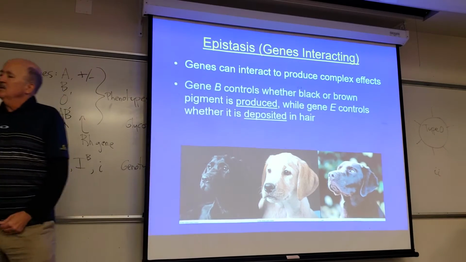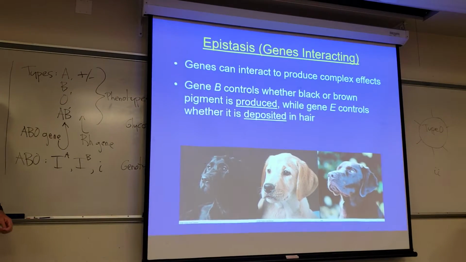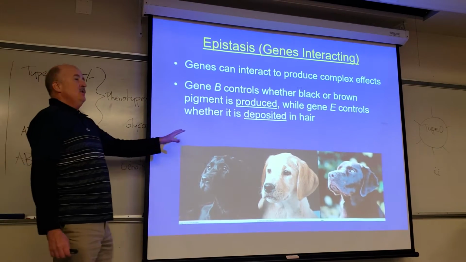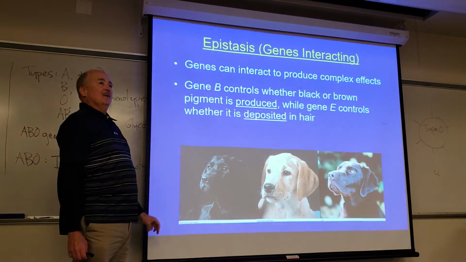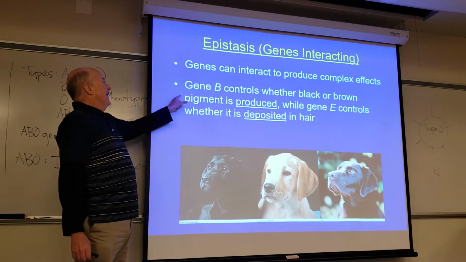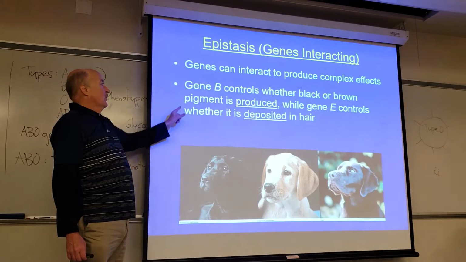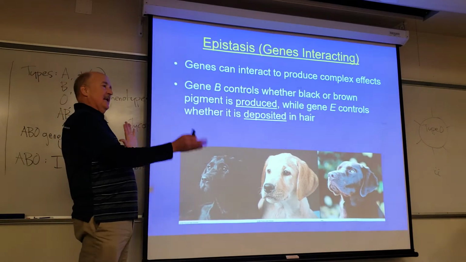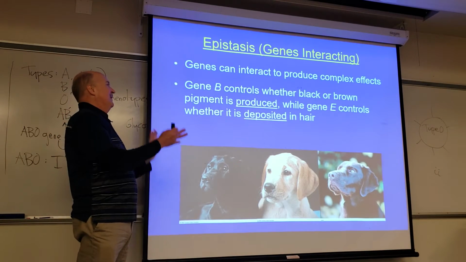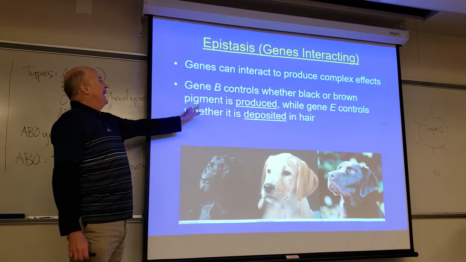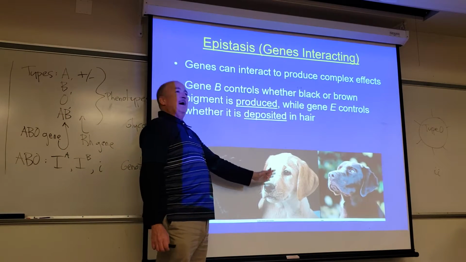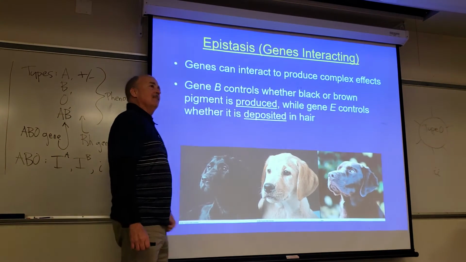So what happens is, in this case, you have two genes involved with the pigment or the color of the hair, but one of them is controlling whether you're getting either yellow or brown, brown or black pigment. And then another gene is controlling whether it's actually placed into the hair.